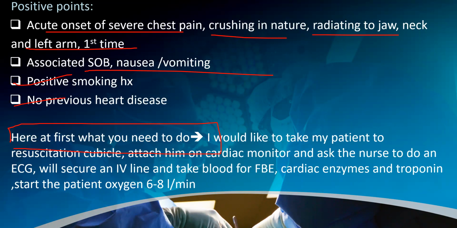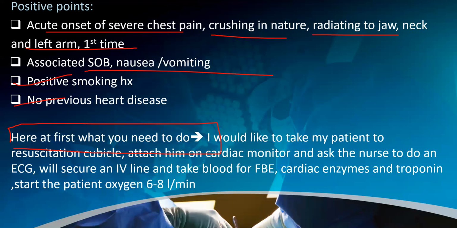Even though their vitals are stable, you have to take this patient to the resuscitation room, attach the patient to a cardiac monitor, ask the nurse to do an ECG, secure 2 large wide bore IV cannulas, take blood for full blood examination and cardiac enzymes, including troponin, and you can also do other investigations like a coagulation profile. And if the patient's saturation is less than 95%, you should also start the patient on oxygen.